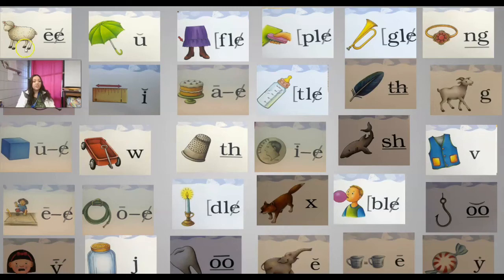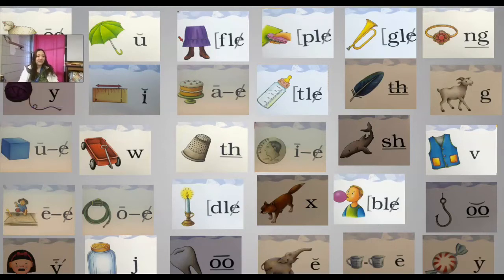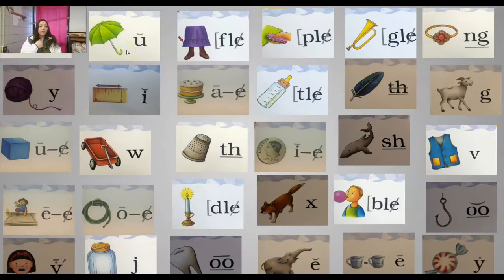All right, so we have all these different ways that we can spell these sounds now, our sound cards. So we're going to go ahead and start up here, and then I'm going to move so you guys can see them, okay? So I've got sheep, E, digraph EE, very good. Then I have umbrella, U, good job. Ruffle, bull. Final syllable, FLE. Staple, pull.